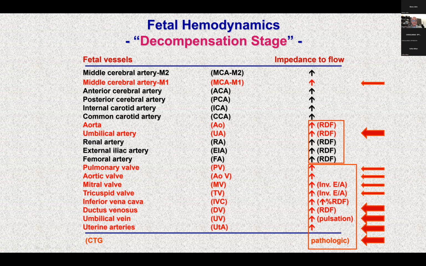And here you can see in this situation is very evident the pathological profile in the CTG tracing in the fetus. So there is very evident alteration also in the biophysical profile.